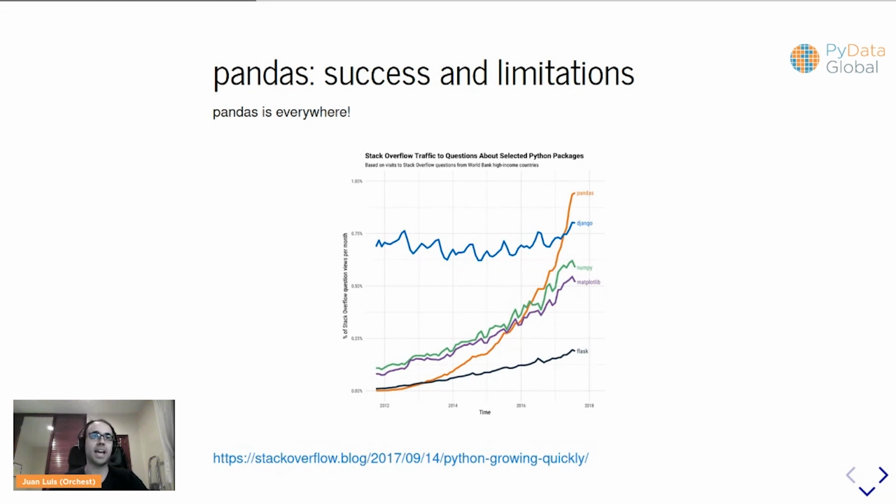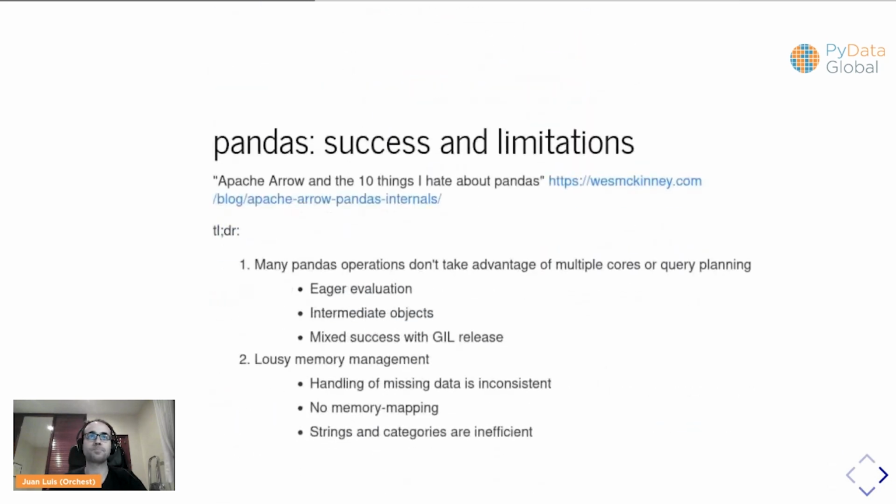And basically, if you break down each of the tags that the Stack Overflow questions had, you could see that even though Django and Flask have been slowly increasing over the years, it has been the PyData stack and fundamentally NumPy, Matplotlib, but very especially pandas that brought Python to the position it is today. So they have been key to the success, and we could safely say that 80% or 90% of data scientists out there use pandas or some of the other Python libraries.